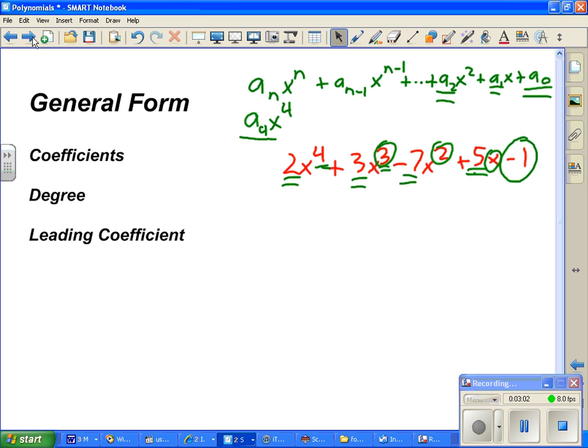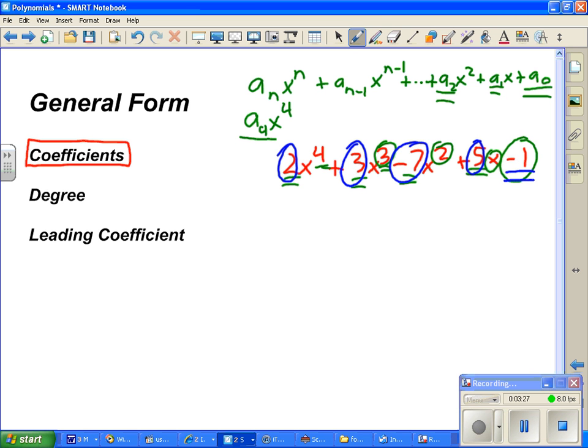Now, if I start looking at coefficients, obviously a coefficient is anything that is multiplied by a variable. It's the number that is multiplied by a variable. So in our case, 5 is a coefficient, negative 7 is a coefficient, 3 is a coefficient, and 2 is a coefficient. Okay? Because they're multiplied by a variable.